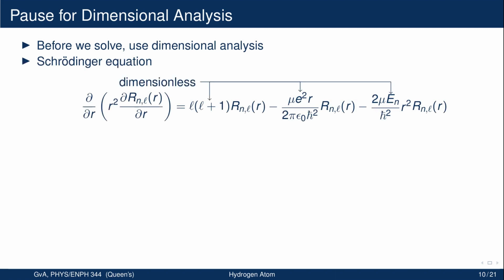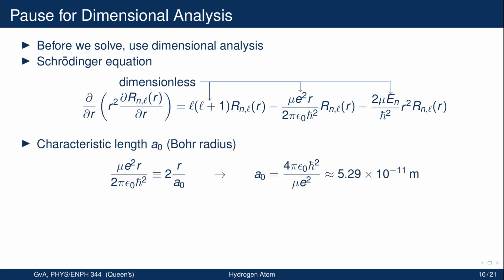The first thing that we can notice is that all of these terms on the right-hand side have dimensionless coefficients. We're going to introduce a characteristic length called the Bohr radius, which we get by examining the R term in the differential equation.